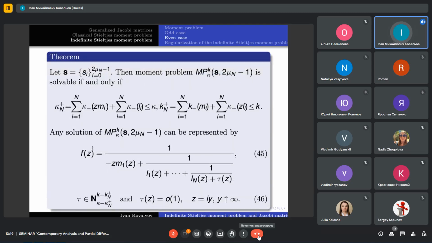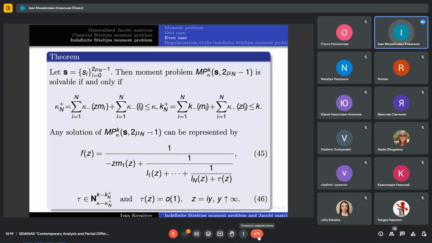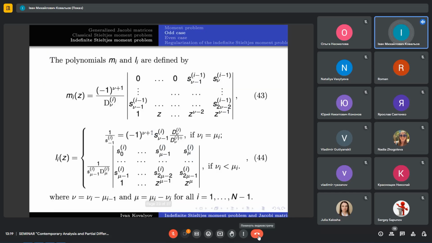The next statement: now we consider the even problem, and in this situation the moment problem MP kappa k is solvable if and only if the following condition holds, and the solution can be represented by formula 45, and the parameter tau satisfies 46, and the entries M and L can be found by a similar formula. This one.